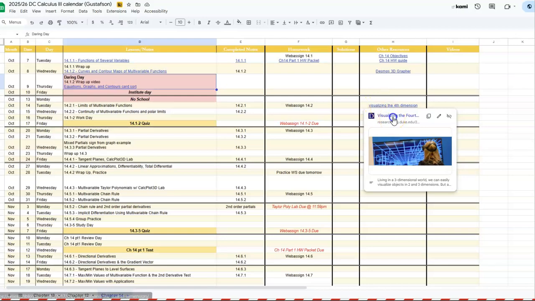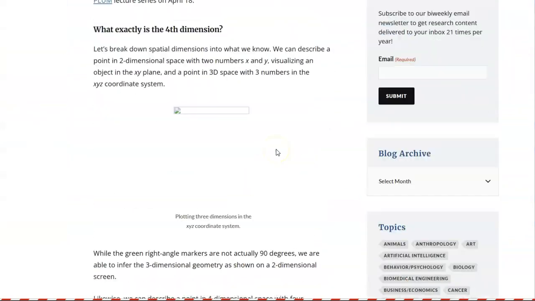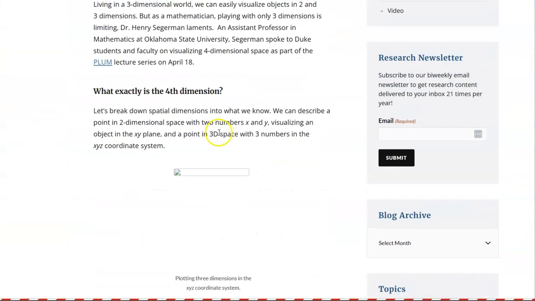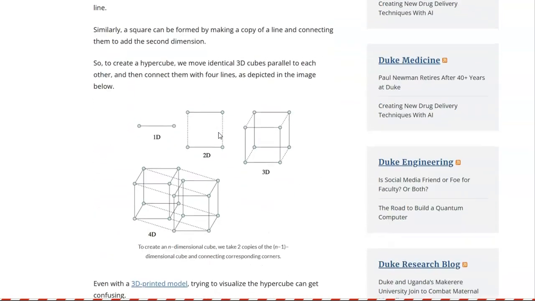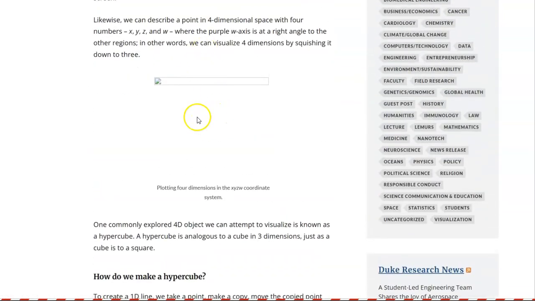If you are interested in thinking about the fourth dimension, I have a link here of an article that, if it's not going to show me visuals, I'm not going to be happy.